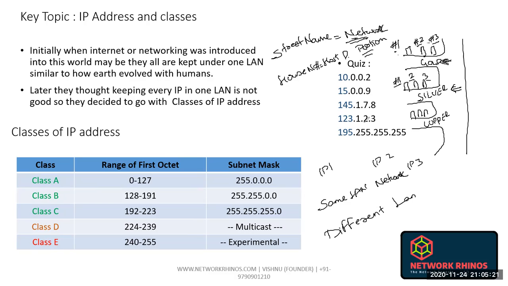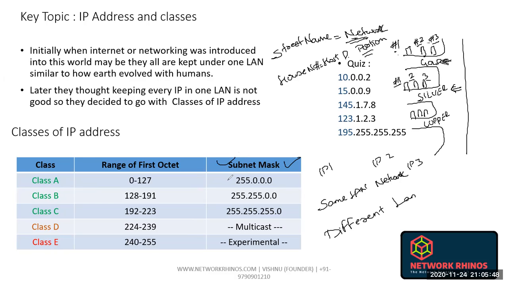So what I meant to say, by seeing a house address as a human being, we can identify the street name and house number, right? But for a machine, it cannot identify automatically which is my network portion and which is my host portion of an IP address. To help my computer, we are using something called Subnet mask, SM mask.